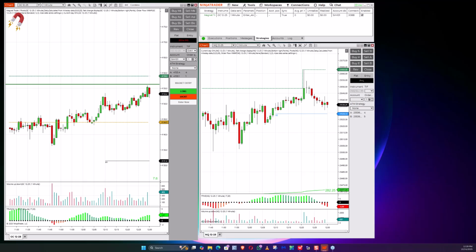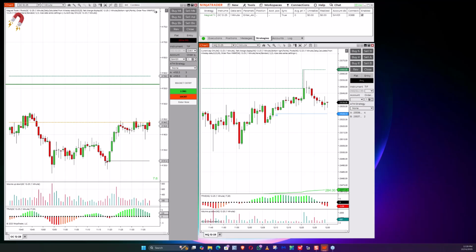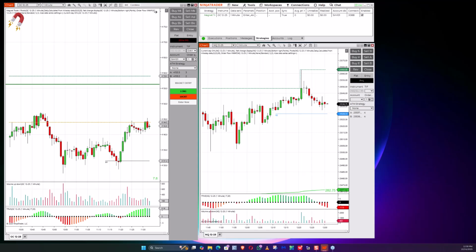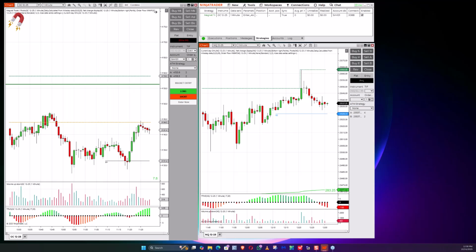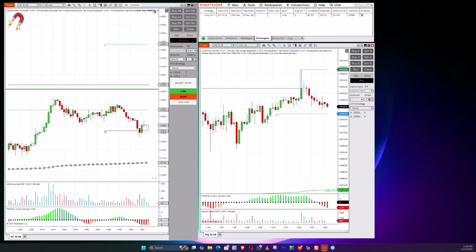If you look at gold, look at what gold's been doing throughout the day. There are certain levels that it loves to test. Right here, it tested the 6 p.m. market open. That's a very strong magnet. Another very strong magnet is the VWAP.